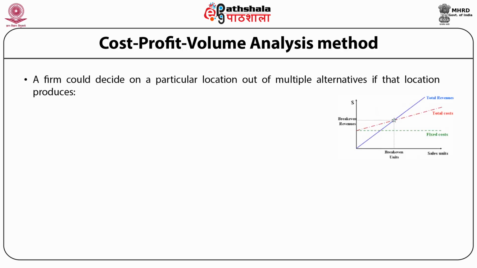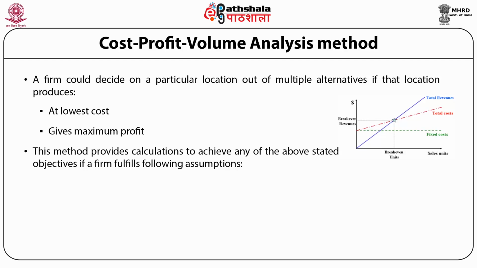A firm could decide on a particular location out of multiple alternatives if that location produces at lowest cost and gives maximum profit. This method provides calculations to achieve any of the above stated objective if a firm fulfills following assumptions.